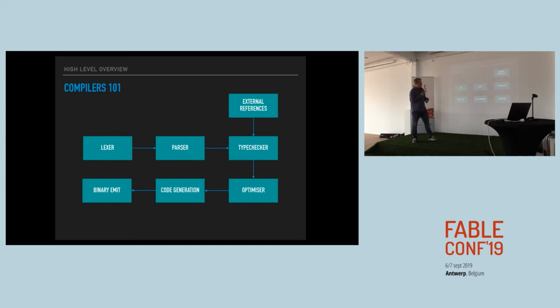So when I had a university course on compilers, before I dropped out of the university, they told us, oh, you should write a compiler, but you cannot use any ML language because that would be cheating.